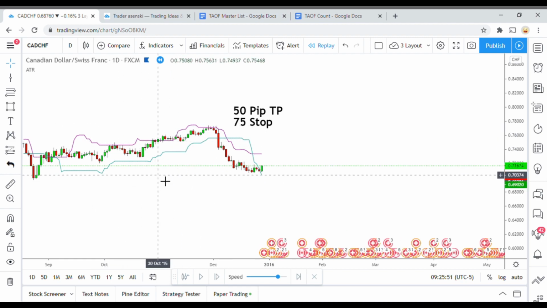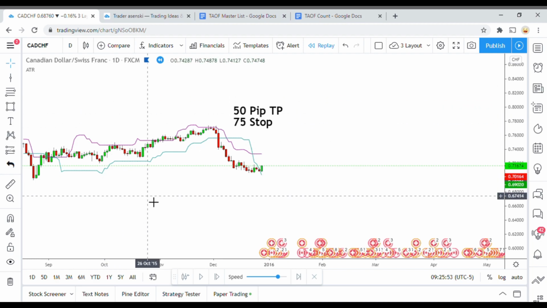Now, the creator of this indicator, of course, it's a TradingView member created indicator, and so you can find a link to it down below in the description. The creator really didn't give an idea of how this indicator should be used.